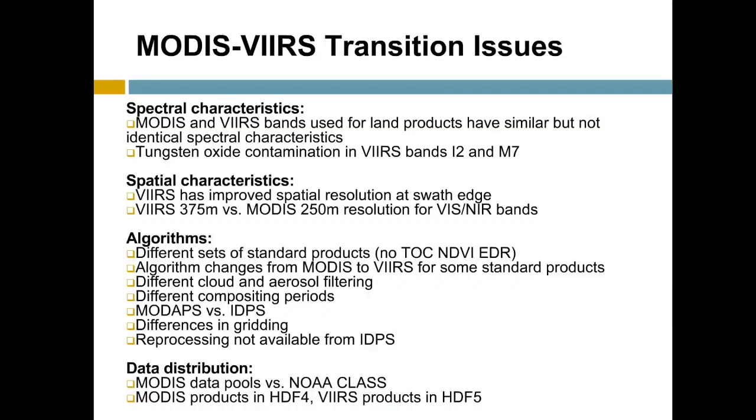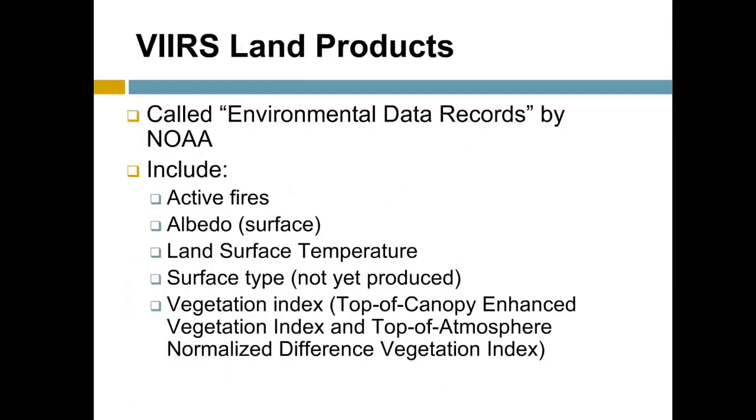Some of the standard products for VIIRS are different than MODIS. For example, there is no top-of-canopy NDVI environmental data record. There are differences in the algorithms used for cloud and aerosol filtering, and in the way the raw data are processed. Data distribution is also different between the two.